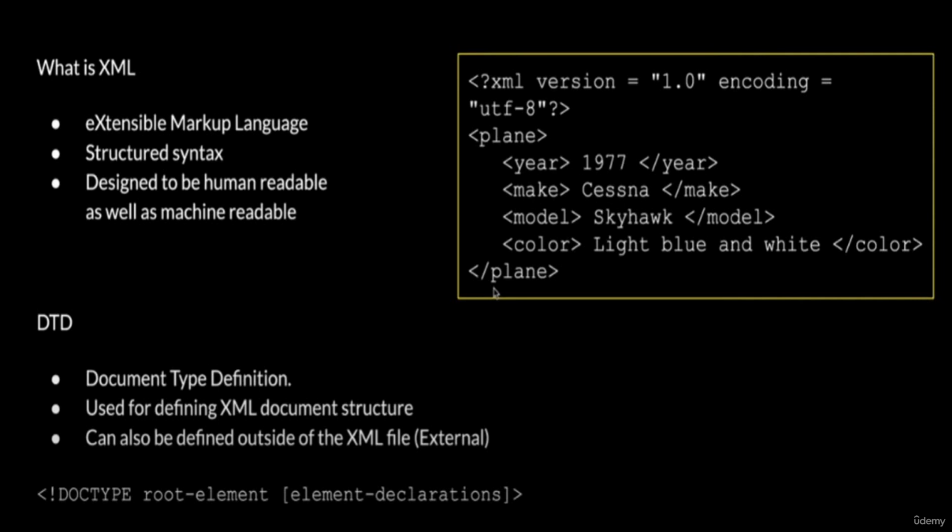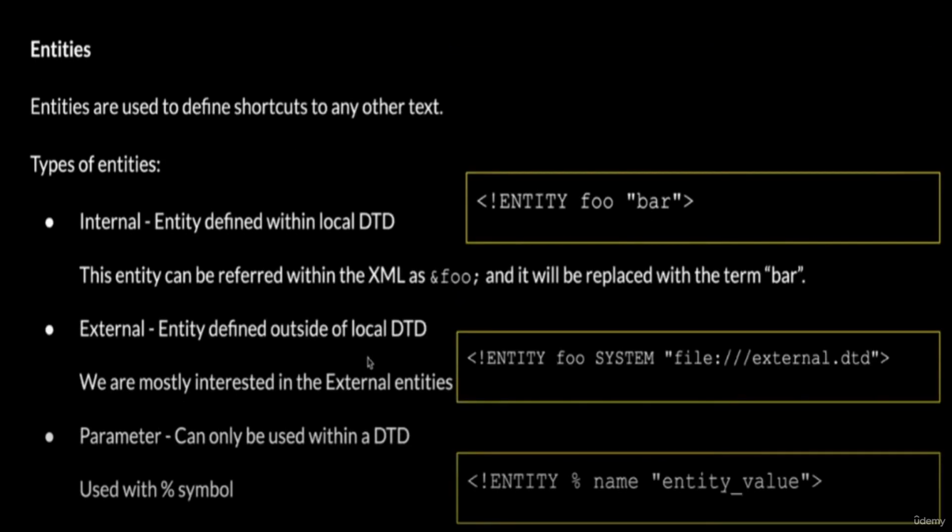what XXE is. Now here, entities are used to define shortcuts to any other text. Now the types of entities: internal, external, or parameter. In the internal one, the entity is defined within the local DTD. If you can see here is the entity.